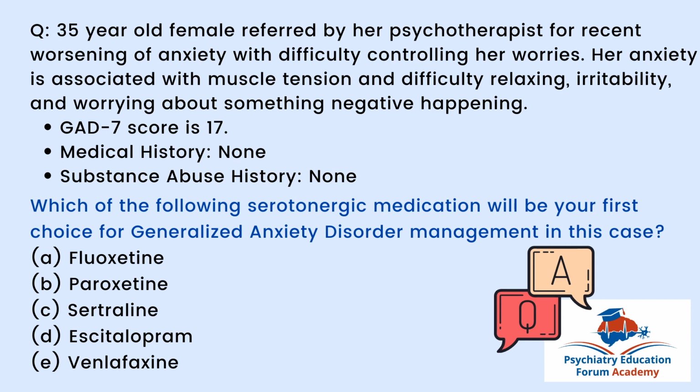This is what this discussion is all about. We will answer this question in the end, or you will get the answer by the time I finish this presentation. So let's begin. What are the initial medication choices for generalized anxiety disorder?